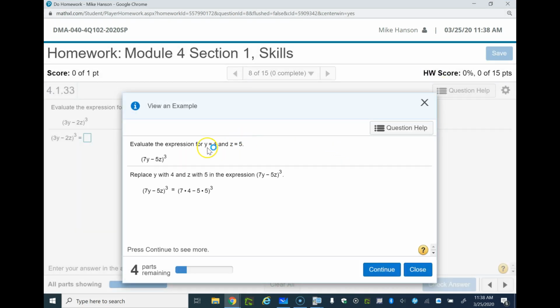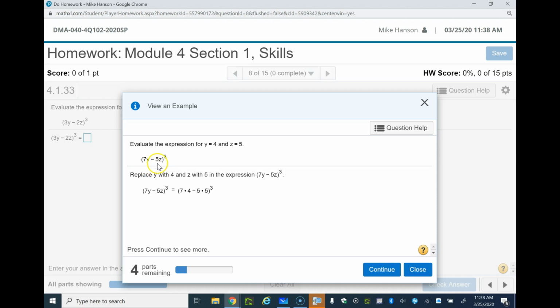Like I said, what we're doing in this section is substituting. If I'm telling you y is equal to 4 and z is equal to 5, this is where we replace the y with 4. Because they're side by side, we all know side by side means multiplication. Then we replace the z with 5 here. Because these are in parentheses, remember what we talked about in DMA 10 with Please Excuse My Dear Aunt Sally, please meaning the parentheses, and E meaning the exponent.